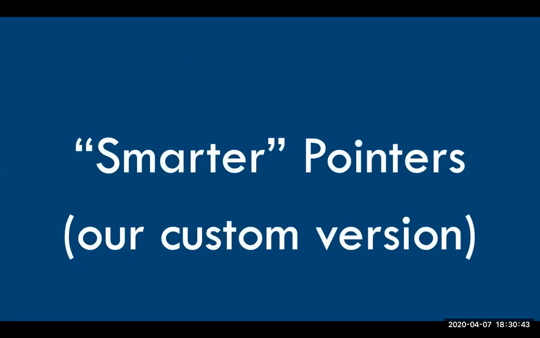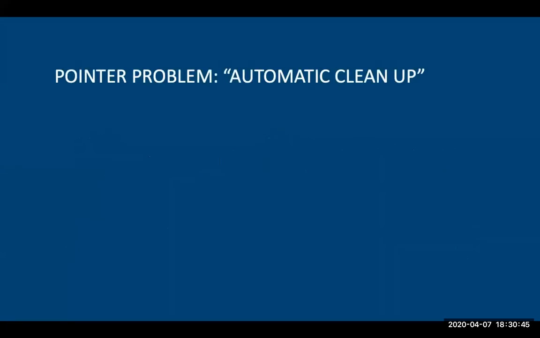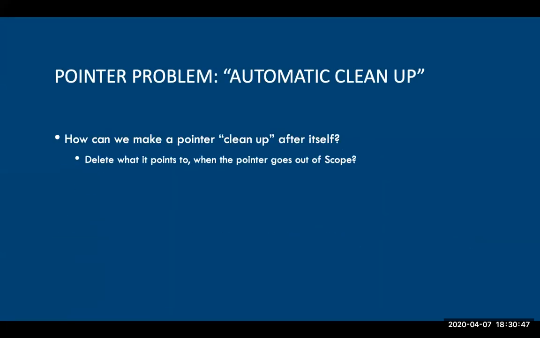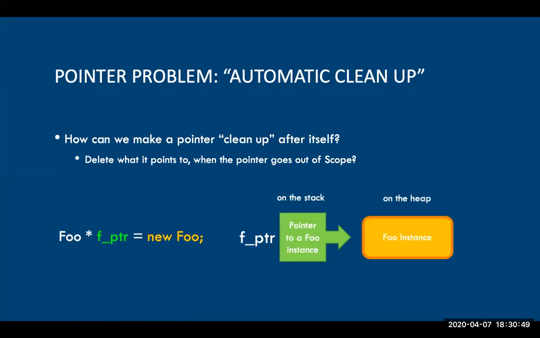Okay, so let's dig into our smart pointer implementation. The first thing we got to do is make sure that these things clean up after themselves. So if I have an instance of a class that in some way refers to some memory on the heap, we learned last time we talked about all this stuff, that when that pointer goes out of scope for some reason, we want our destructor to automatically get called to clean up whatever instances are pointed to.